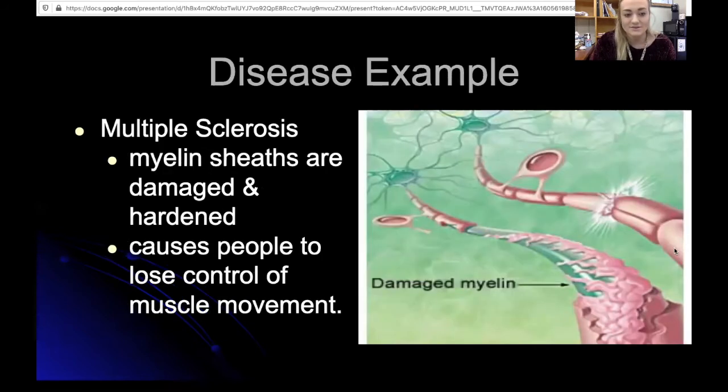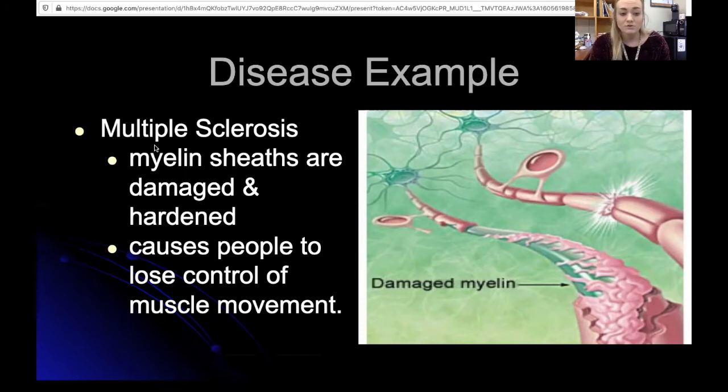We got it. Okay, so just an example of a disease of the nervous system. We're going to be sprinkling a couple of these nervous system diseases, or neurological disorders as we could call them, in between our lessons for this unit. But multiple sclerosis, some of you may have heard of this before. This is an example of a neurological disorder.